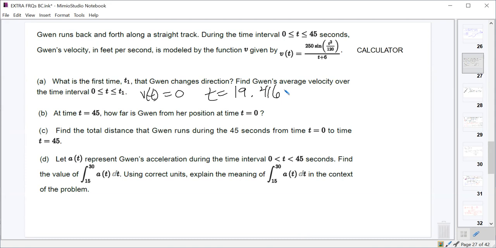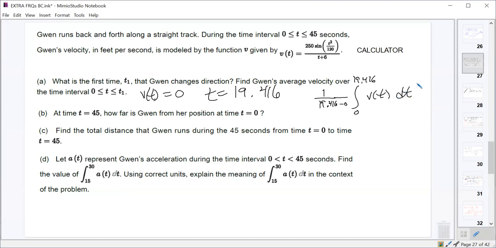Then the second part of that, find her average velocity. So an average velocity means the average of this function, which just means 1 over b minus a, so 1 over 19.416 minus 0 times the integral from 0 to 19.416 of v of t dt.